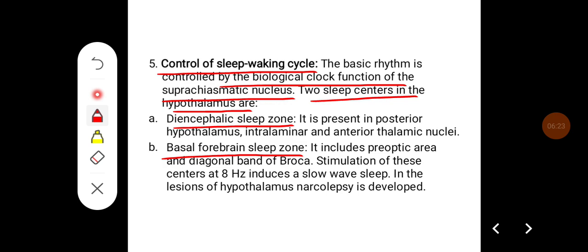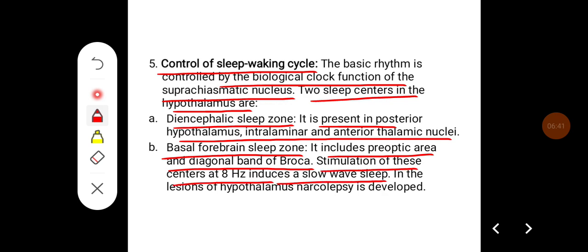The diencephalic sleep zone is present in the posterior hypothalamus, interlaminar and anterior thalamic nuclei, whereas the basal forebrain sleep zone includes the preoptic area and diagonal band of Broca. Stimulation of these centers at 8 Hz induces slow wave sleep. In lesions of the hypothalamus, narcolepsy develops, that is a disorder of sleep.